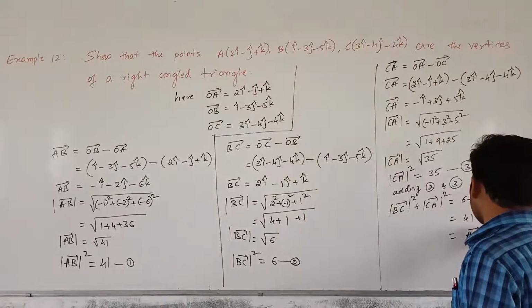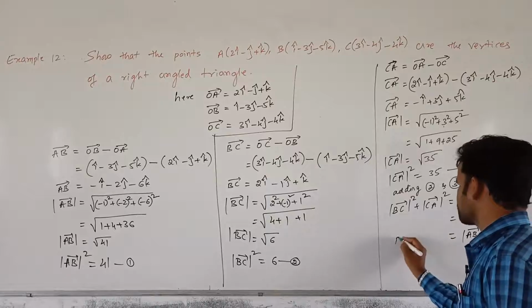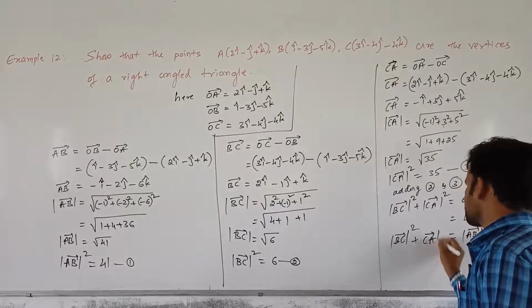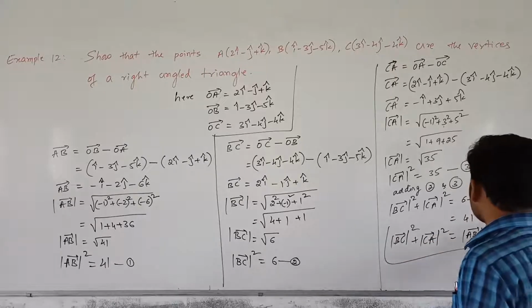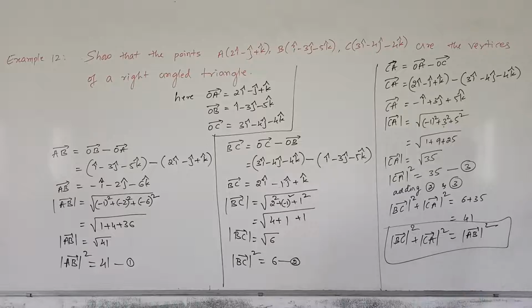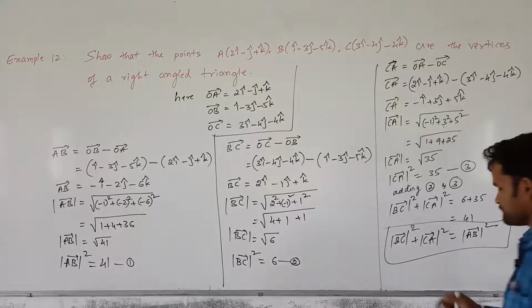So BC square plus CA square is equal to AB square. The square of the hypotenuse is equal to the sum of squares of the other two sides. Therefore the given points form a right angled triangle.